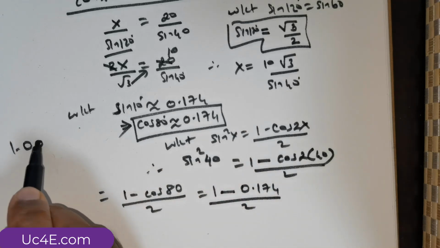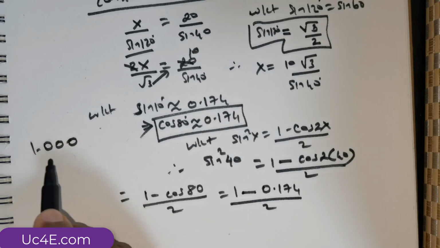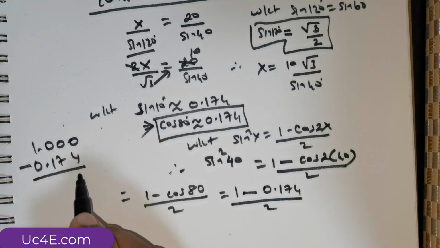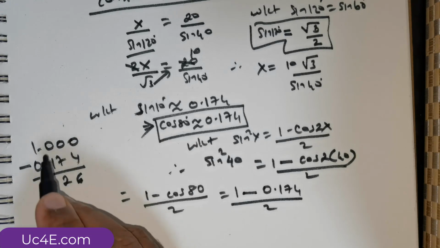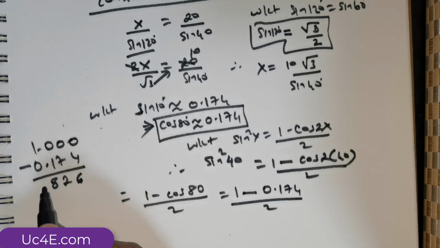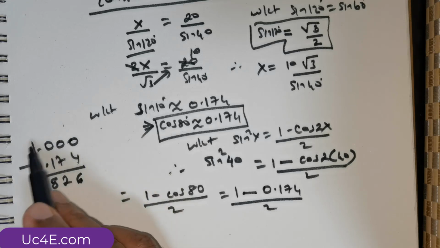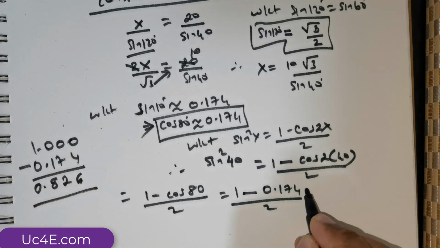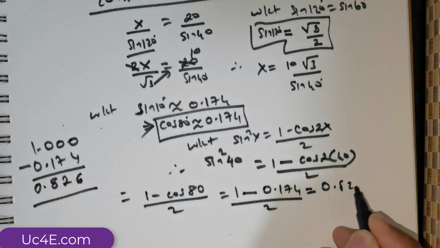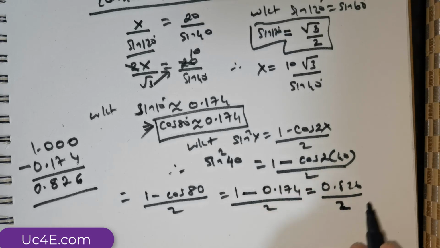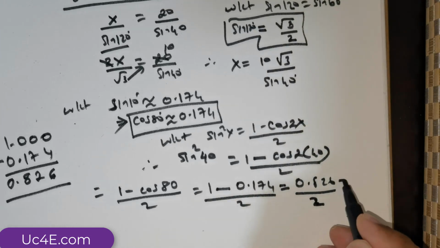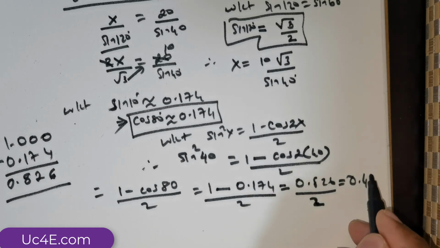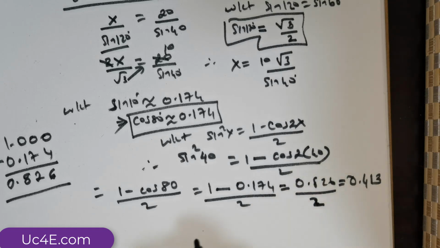So from 1 I'm subtracting 0.174, and I get 0.826. Right, so 0.826 divided by 2 is equal to, 2 divides 8 4 times, 2 divides 2 1 time, 2 divides 6 3 times, so 0.413.